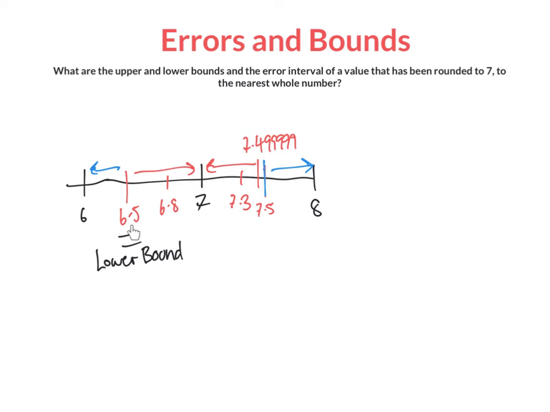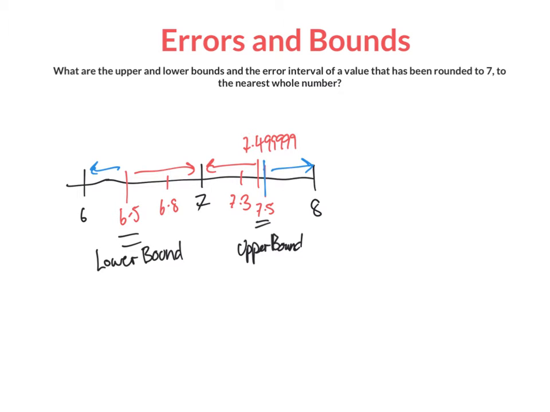This bottom value that would get rounded up to 7, we call the lower bound. And the top value, in this case 7.5, we call, funny enough, the upper bound. But the upper bound isn't actually included. If we wanted to talk about this whole interval between 6.5 and 7.5, we often write it as an inequality.